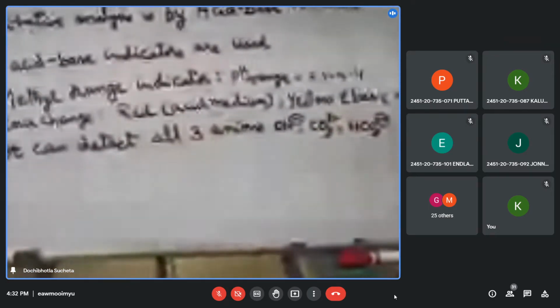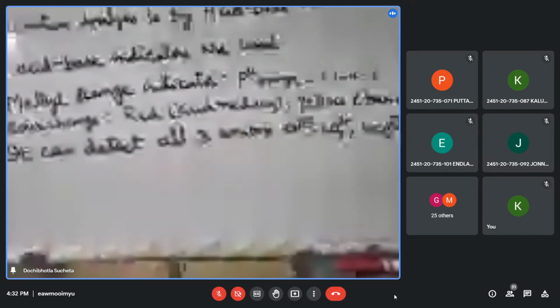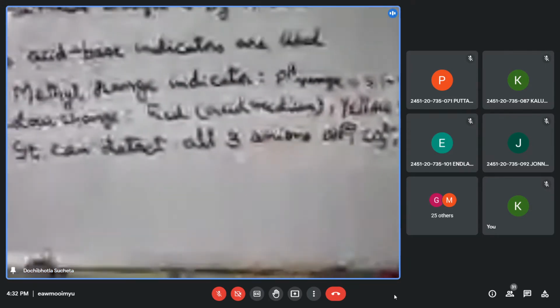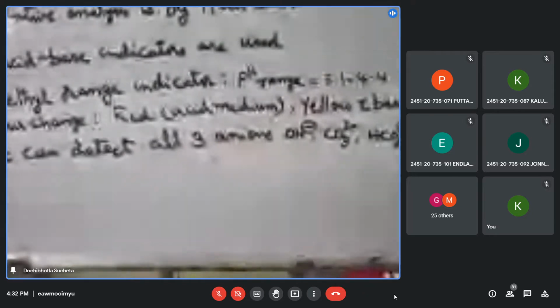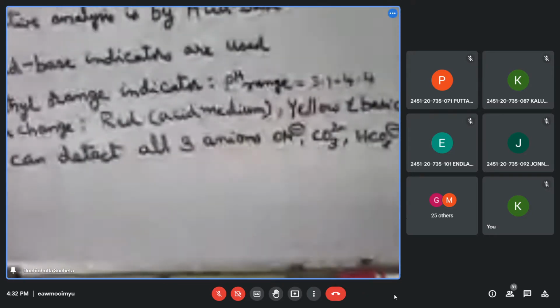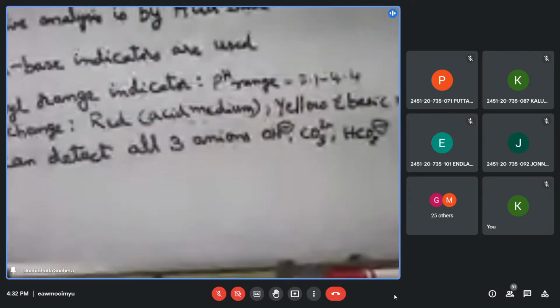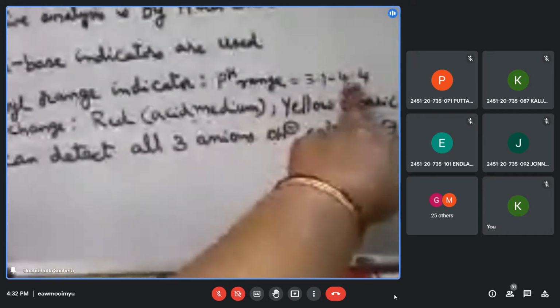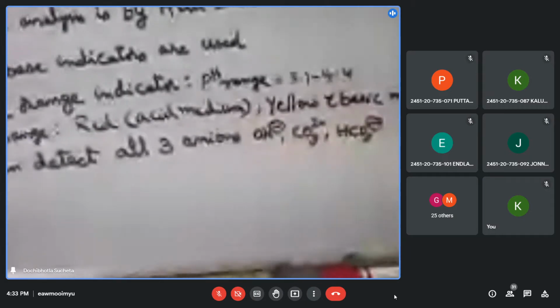If the pH is less than 3.1, it is red in color. If the pH is more than 4.4, it shows yellow color.